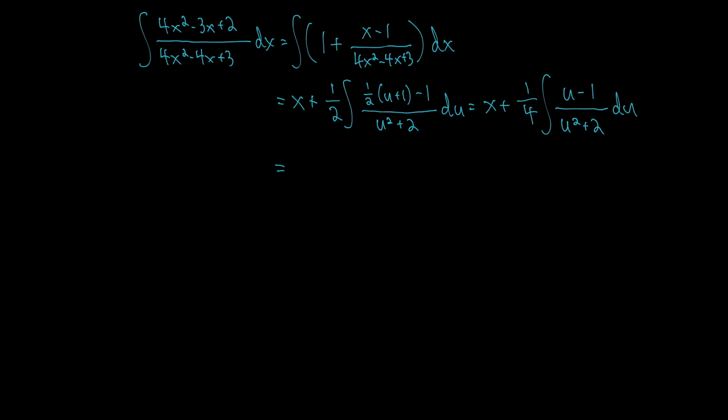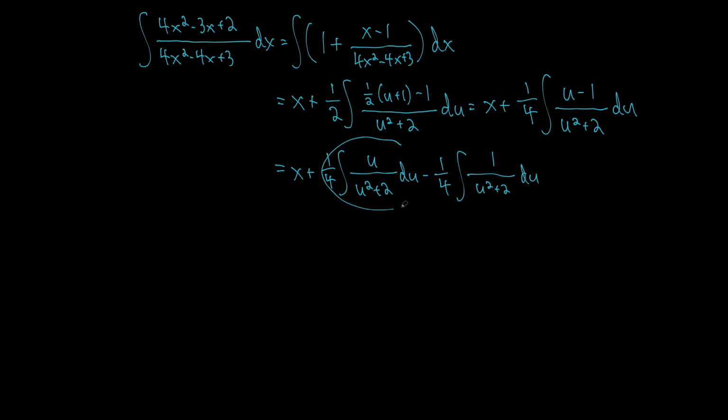So this means that I've got x plus 1/4 times u over u² + 2, minus 1/4 of 1 over u² + 2. This first one looks like an easy u substitution because I have the u in the numerator, and this one looks like an arctangent candidate.